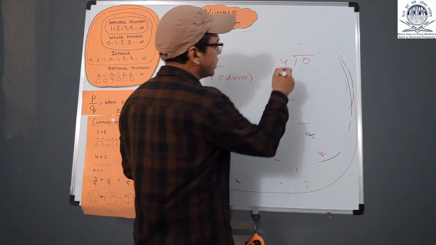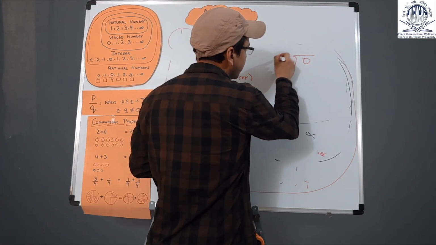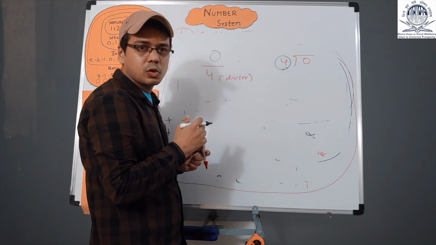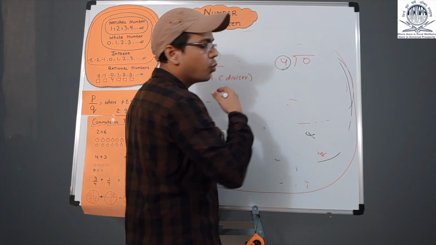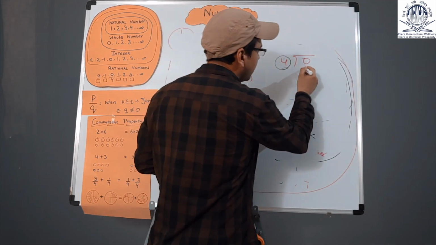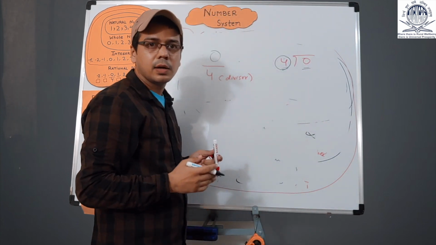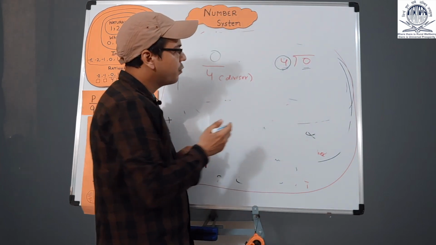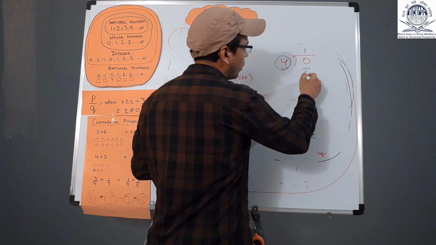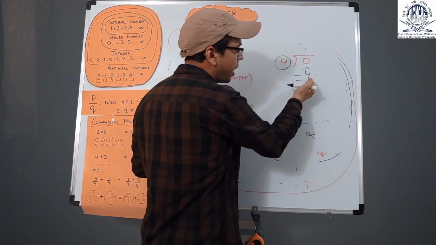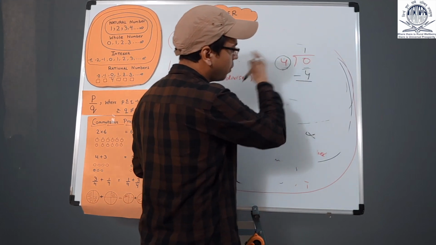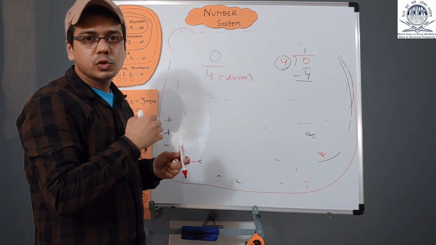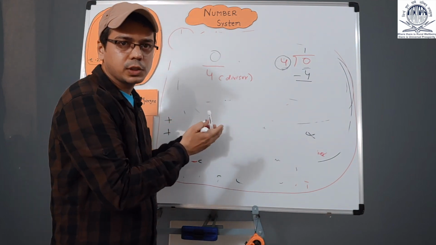So the division goes this way: you need to multiply something to the divisor so that it makes a value either equal to the number inside or lesser than that. If I say 4 ones are 4, it gives me a high value, so I can't subtract 4 from 0, unless I'm solving for integers, which I'm not in a division.